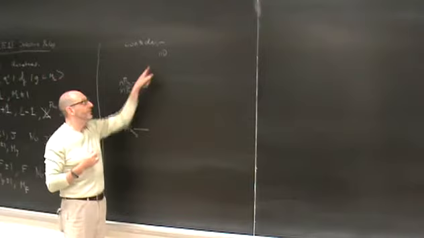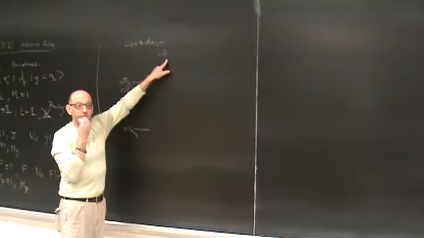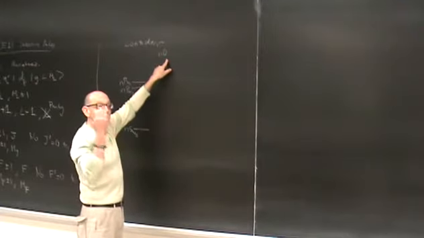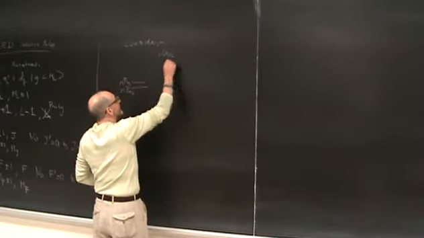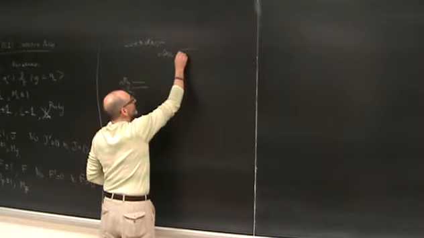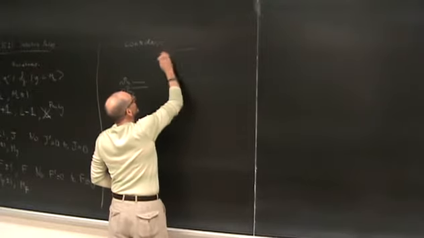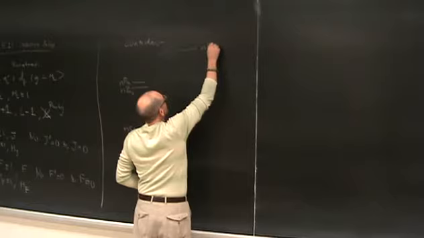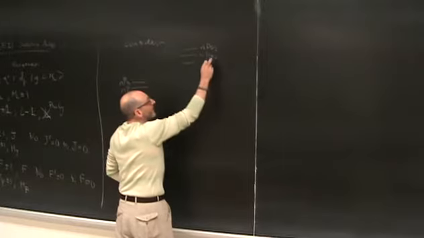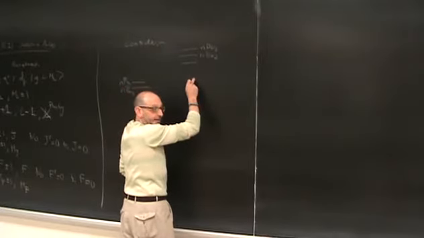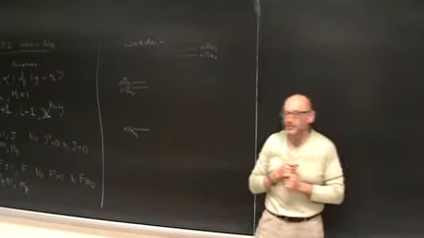This is L equals 1, this is L equals 2, and then I add a half to it, so I can have 5 halves and 3 halves. And that's all I can have in this case, because spin is a half. Okay, so those are the possibilities.